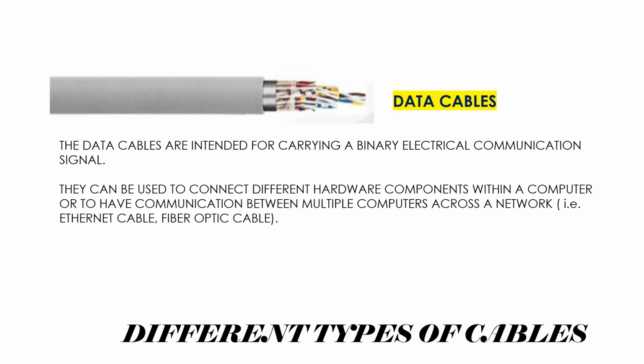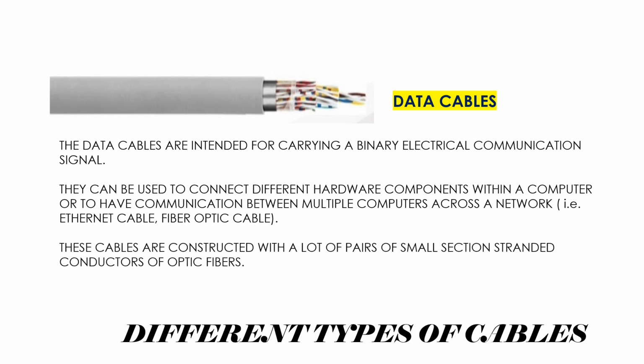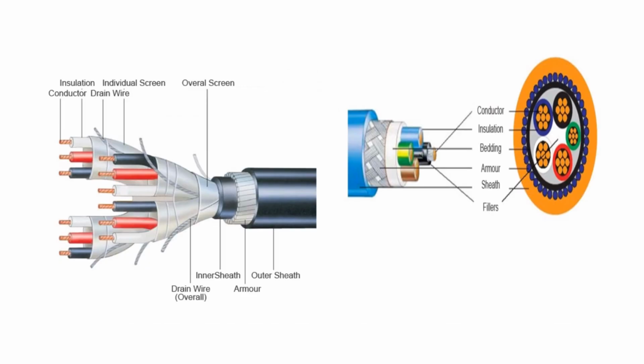Basically right now we are covering basic information related to electrical cables: the definitions, and what the power, instrument, and data cables are. These cables are constructed with a lot of pairs and small section stranded conductors or optic fibers. So these are the cables, guys.